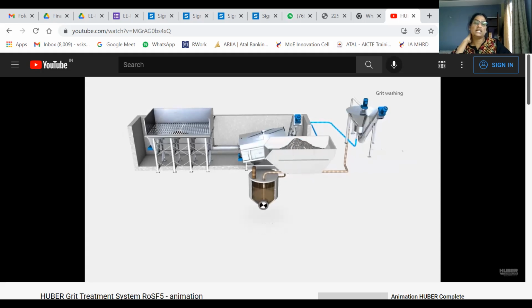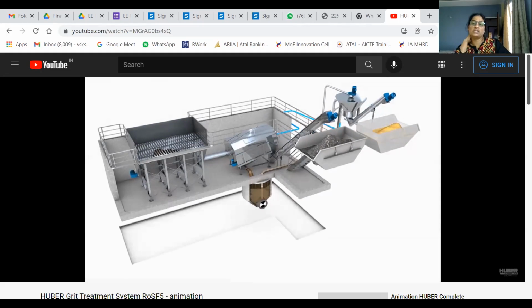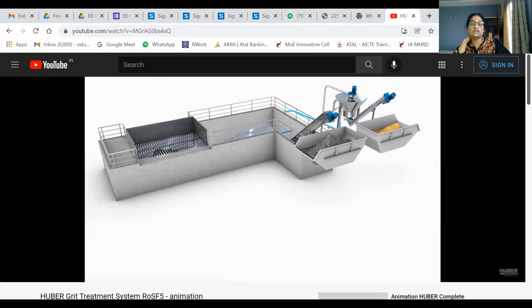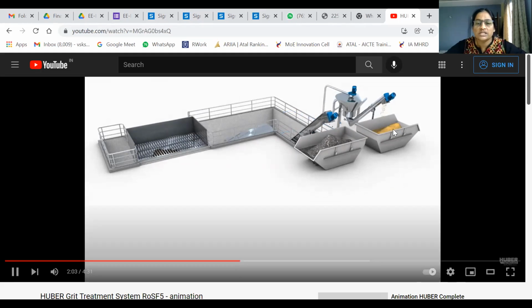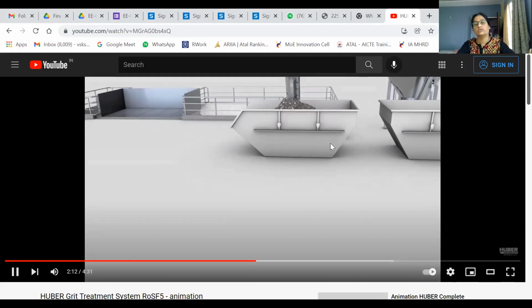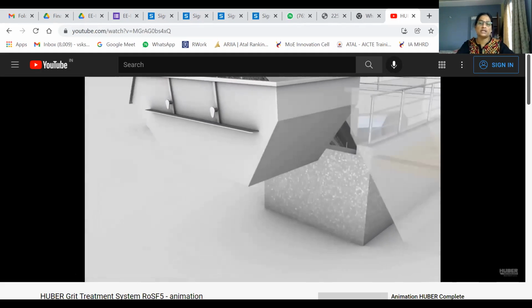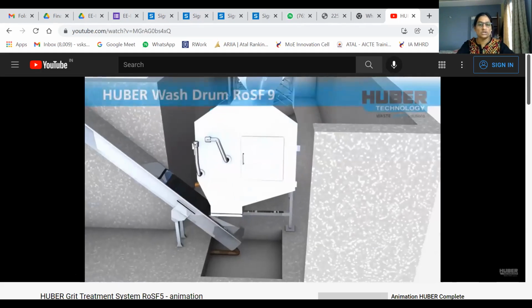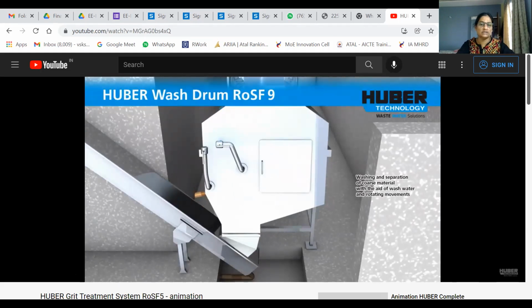The collected grits are washed, and then they can be used for some other purpose. Just see this part, how the grits are collected, and this screw conveyor will drop them over here. The other part shown here is extraordinary and is not directly related to us.